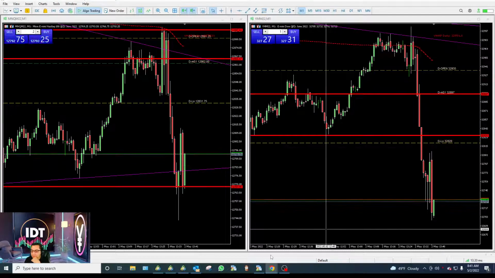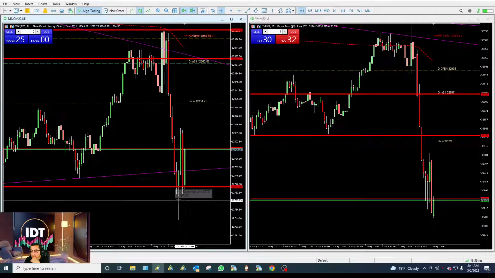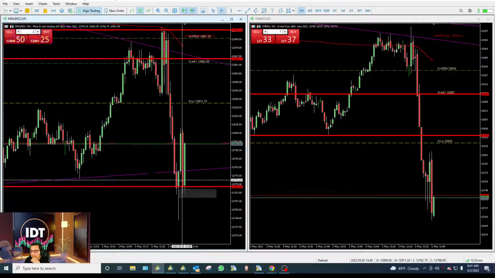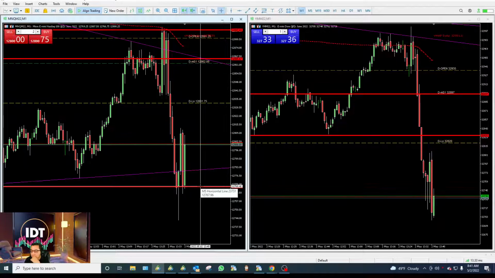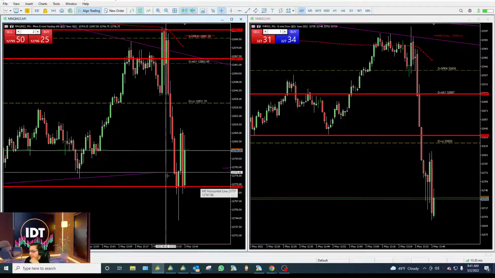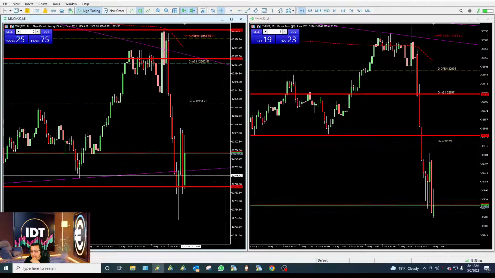12,767.96 on the 1 minute chart. The overnight low for the Nasdaq seems to be getting wicks below, but we seem to be getting candles above that level. This is not the price action we like to see.